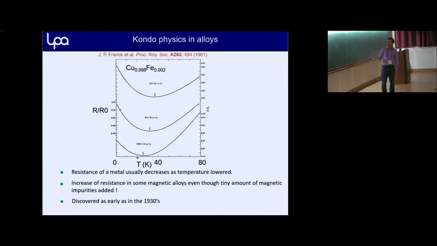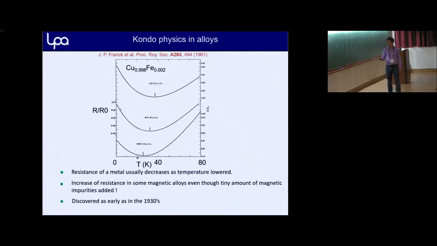For example, in copper, if you put 0.2% of iron in copper and you measure the resistivity as a function of temperature, you see that the resistivity increases at some characteristic temperature, which is called the Kondo temperature. This increase of resistance in the magnetic alloys, even though it was found as early as the 1930s, was only explained in the 1960s, first by Kondo, and it was also one of the big successes of the renormalization group to explain these features.